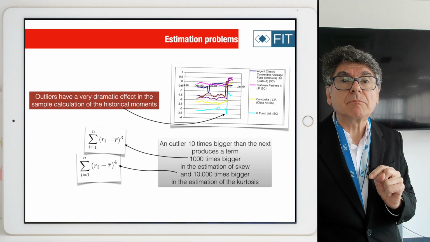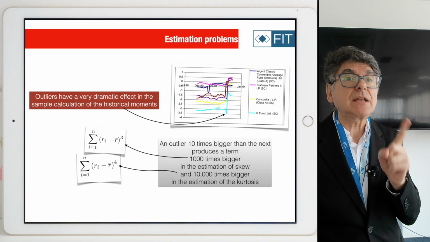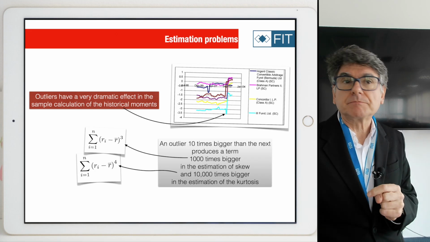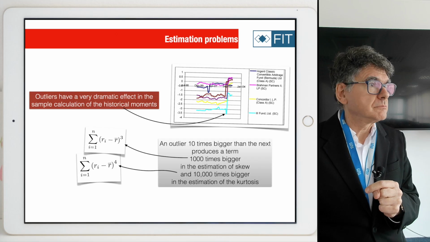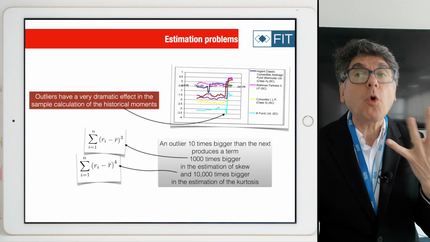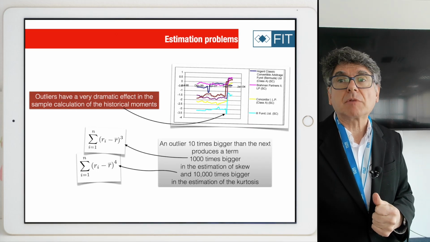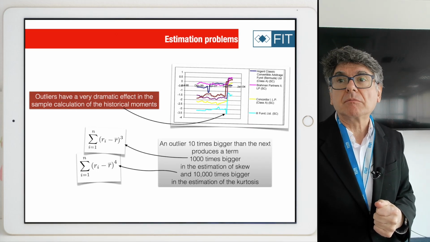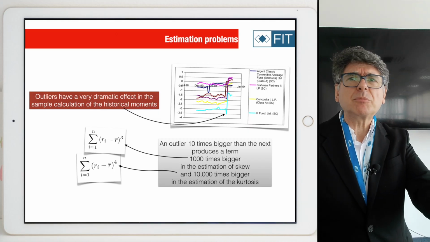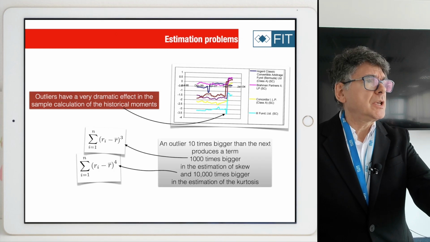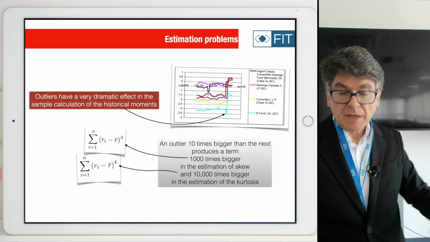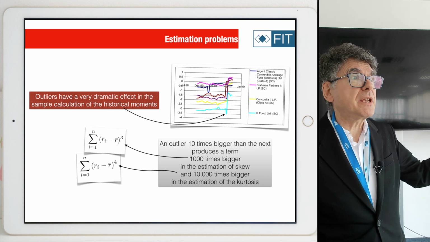That one term is 10 to the power 3 times bigger than the rest, and the kurtosis is even worse, it's 10 to the power 4 bigger. How many samples did you have in your time series yesterday? About 1,000? That means that one term is as big as all the others.